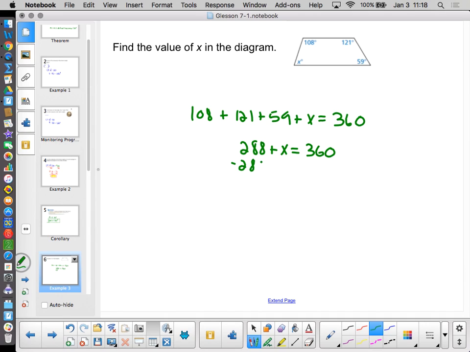And if I subtract the 288 from each side, I get x equals, what is that? 72. I'm doing this the old-fashioned way. Okay. So 72 degrees. There we go. So my unknown angle is 72 degrees. Fairly straightforward stuff.